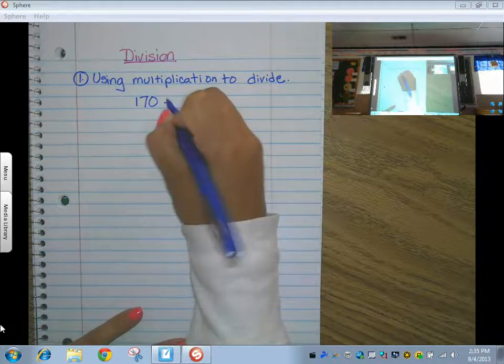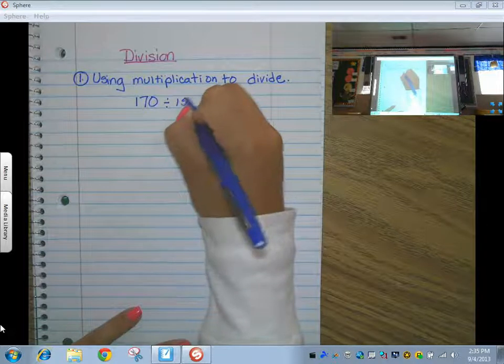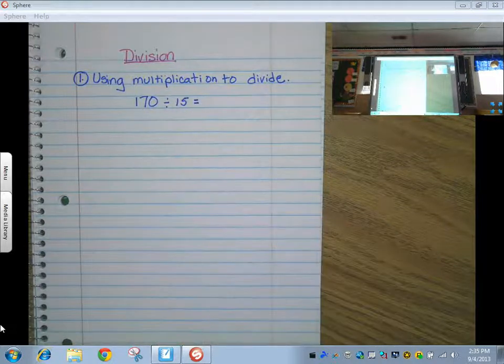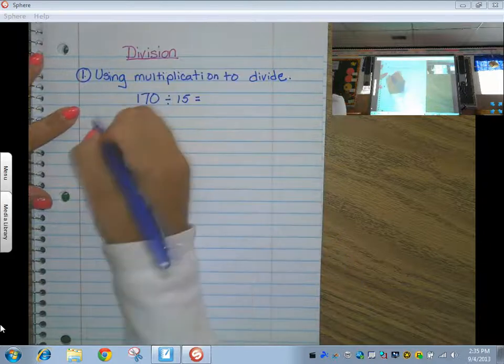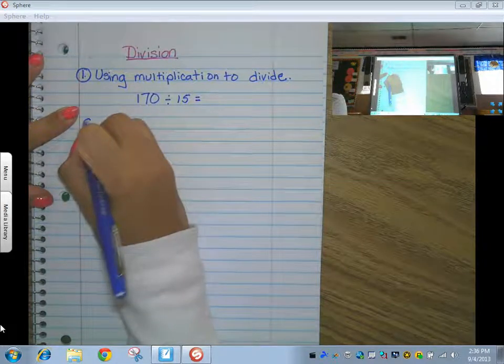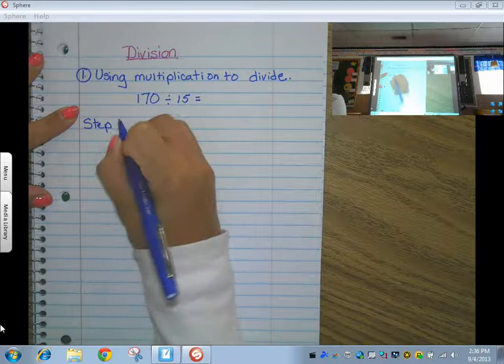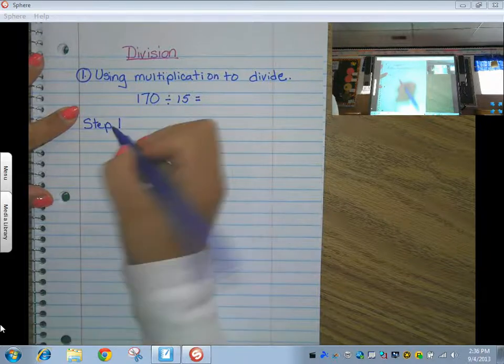Okay. So the first step, I'm going to put step 1. You're going to rewrite it as a missing factor problem. I'll show you what that is.